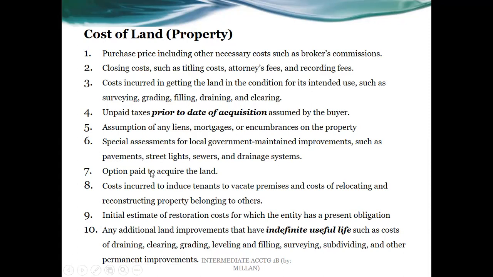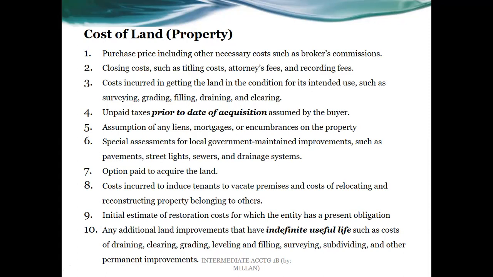Next is special assessments for land items normally. Then option paid to acquire the land. Let's say option money, which is discussed in law subjects. This is the money that is spent in order for the seller to give us the consideration for a certain time for us to have the money needed to acquire the asset. So example, let's say the company, of course, this is on the part of the business, wants to acquire land.